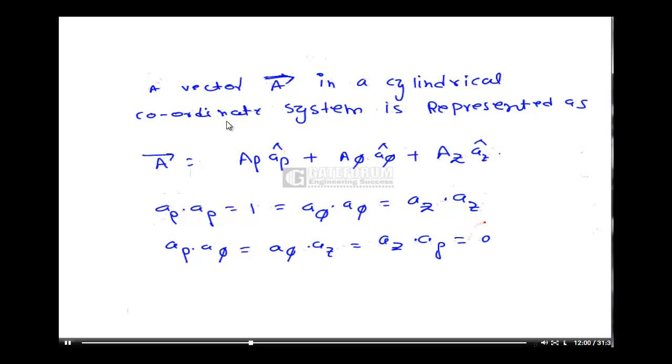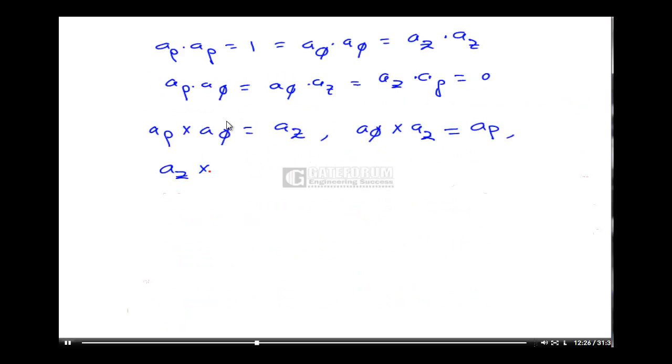This is similar to the rectangular coordinate system. Similarly, a rho cross a phi is equal to a z. Here we are following the right-handed convention, that's why it is a z. a phi cross a rho is minus a z. Similarly, a phi cross a z is equal to a rho, and a z cross a rho is equal to a phi. So these are some unit vector identities.